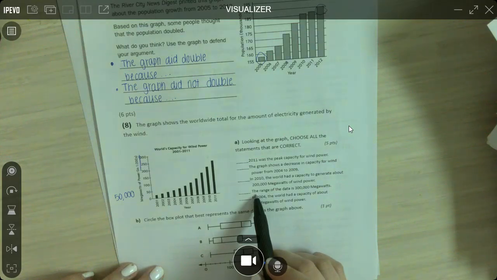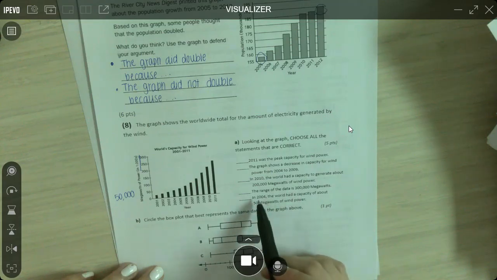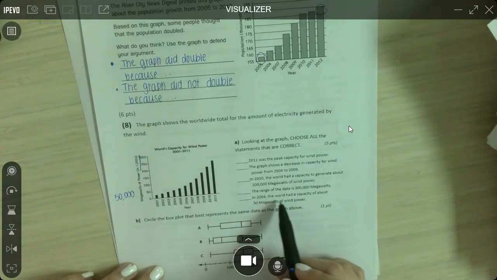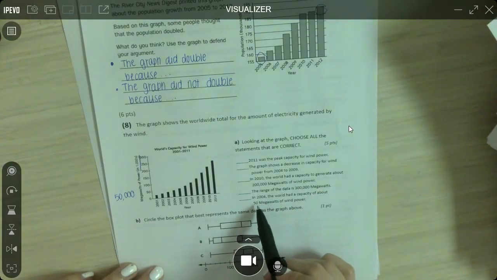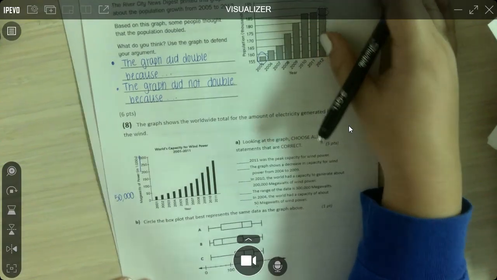This one right here says the range of the data is 300,000 megawatts. So think about range and what you're doing with that. And then down here it says in 2004, the world had a capacity of about 50 megawatts of wind power. If you think that is true, you're going to mark true. If you think it's false, then leave it alone. Go ahead and take a minute and solve number 8.